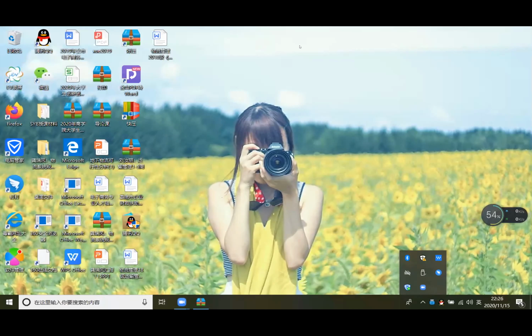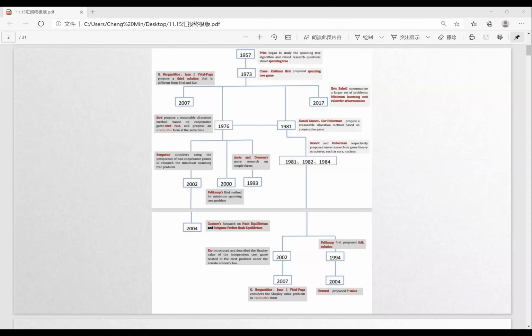This is the framework for the minimal cost spanning tree game. In 1957, Prim began to study the spanning tree algorithm and raised research questions about spanning trees. And then Claus and Kleitman first proposed the minimal spanning tree game in 1973.